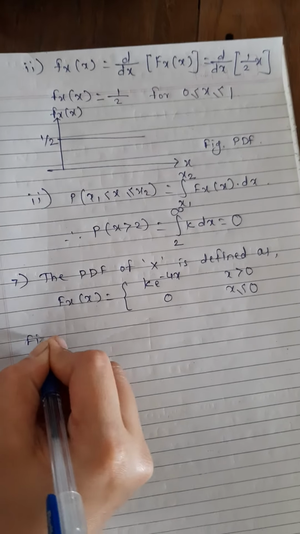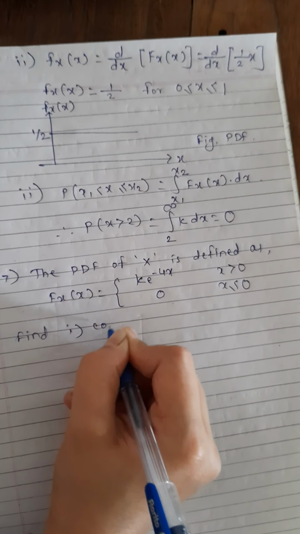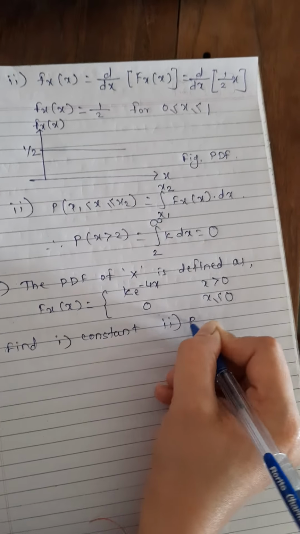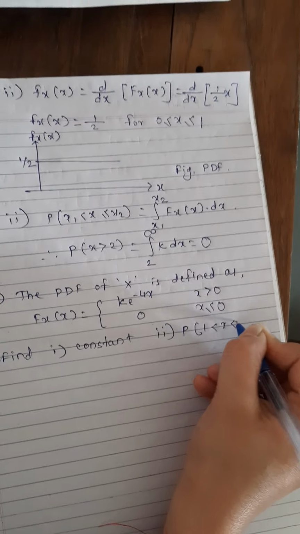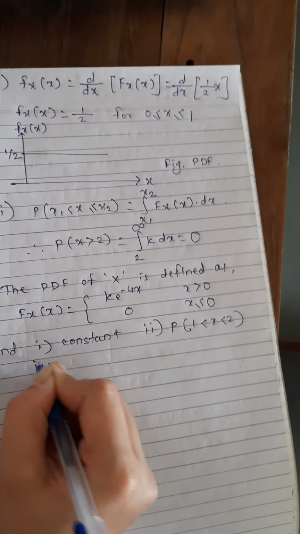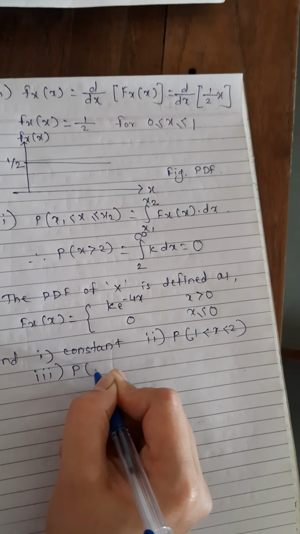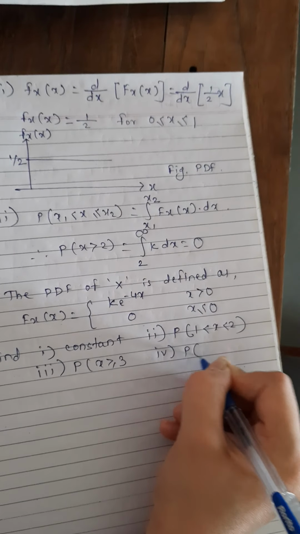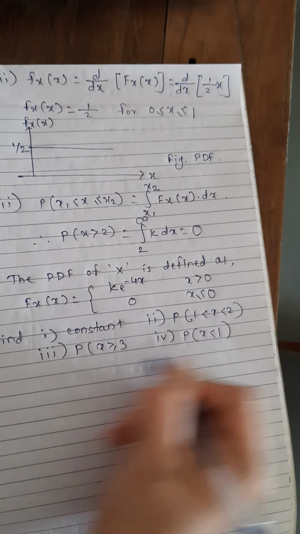So we have to find first the constant, second P of x1 to x2, third one P of x greater than 3 and fourth one P of x less than 1.